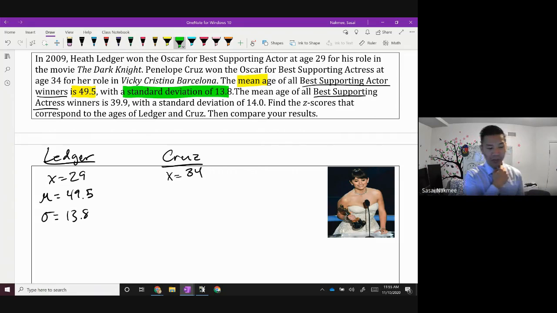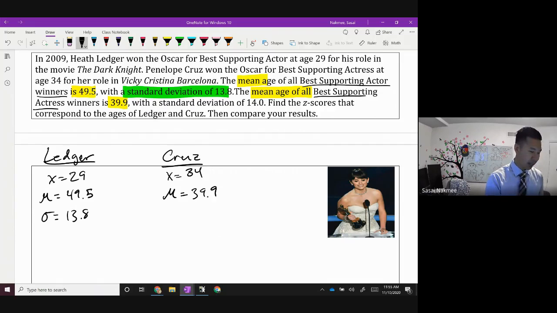That's right, Michael. The mean age for best supporting actress is 39.9, so it's a little bit younger for the female supporting actress. That's 39.9, with a standard deviation of 14.0.